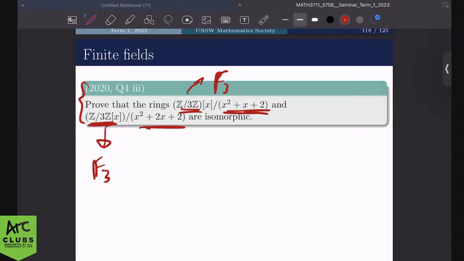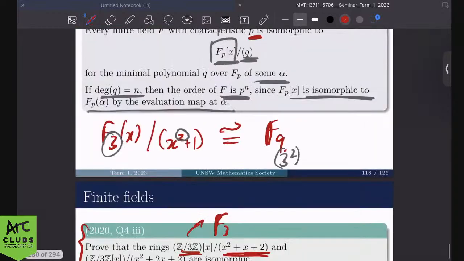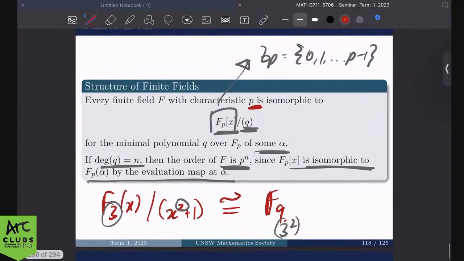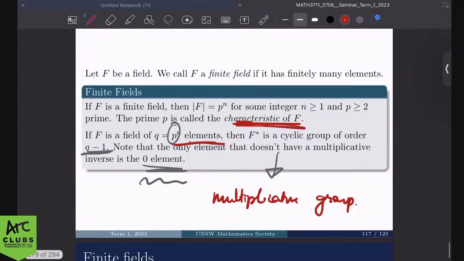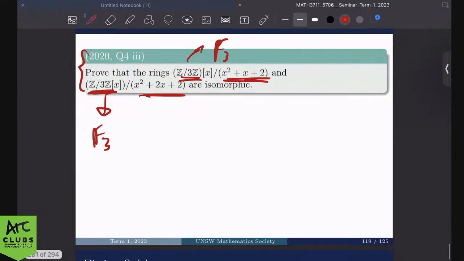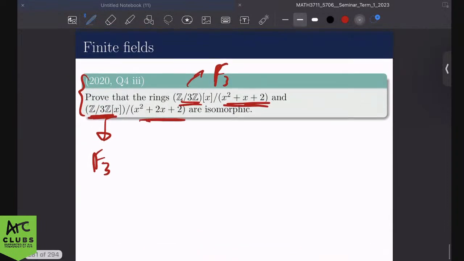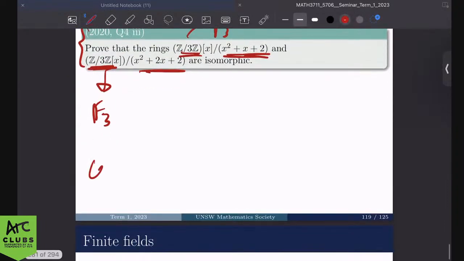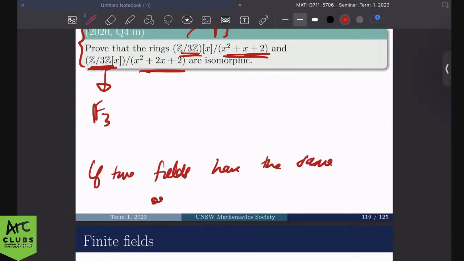We want to show that they're isomorphic, which means we want to show that they're both fields of the same number of elements. It's not written here, but if two fields have the same number of elements, they have the same order. If two fields have the same order, they are isomorphic.